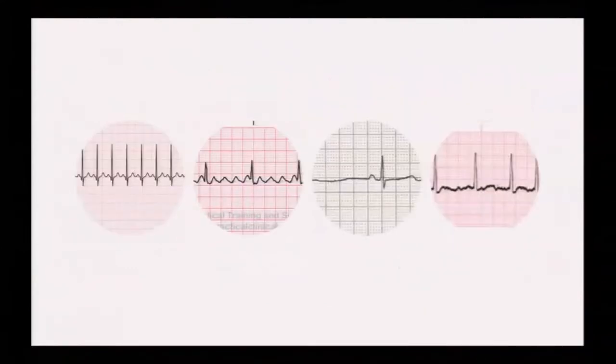So let's talk a little bit about PEA. So these are 4 different rhythms on a telemetry strip. The first one, sinus tachycardia, atrial flutter, sinus bradycardia, and atrial fibrillation. In a situation that was not cardiac arrest, some of these rhythms may be shockable. But go back to what I said initially. We don't go through the cardiac arrest algorithm until there's loss of pulse.